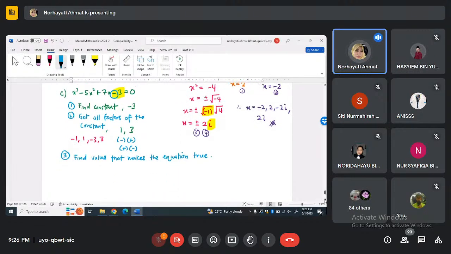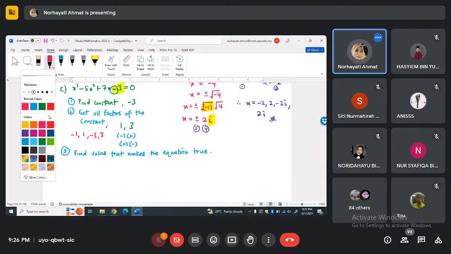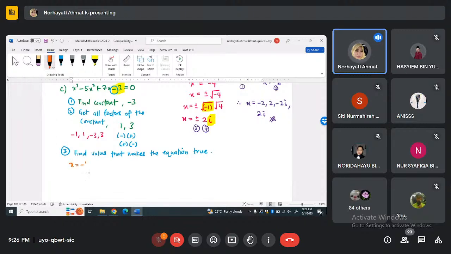So, we need to try. Okay, let's choose the first value. Let x equal to negative 1. So, what happened to the function? Negative 1 cube minus 5 times negative 1 square plus 7 times negative 1 minus 3.